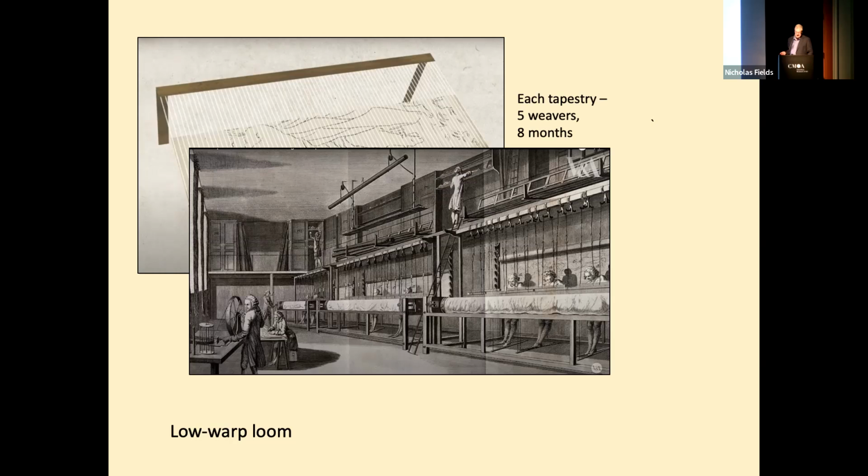And this is a print from the 18th century that shows the way that the tapestries were created, even though the weaving of our tapestry set was done in the 17th century. But this is as close an approximation as we can get. There were teams of weavers sitting at these low horizontal looms side by side. And it's estimated that each tapestry took 5 weavers 8 months to produce.